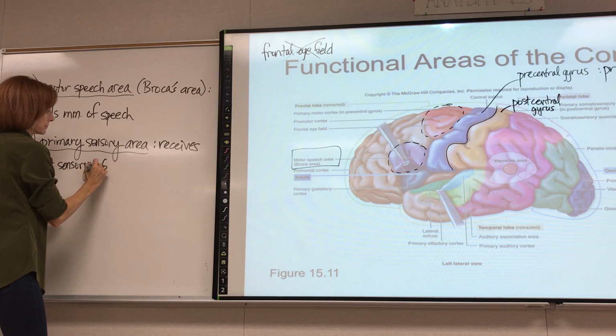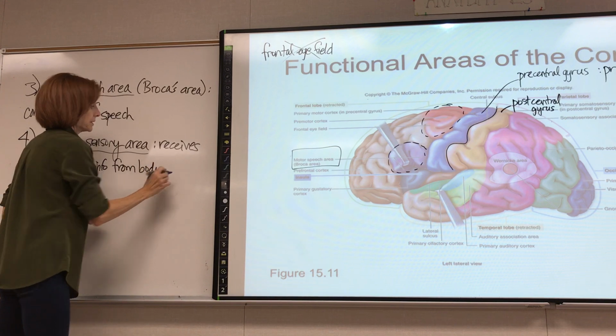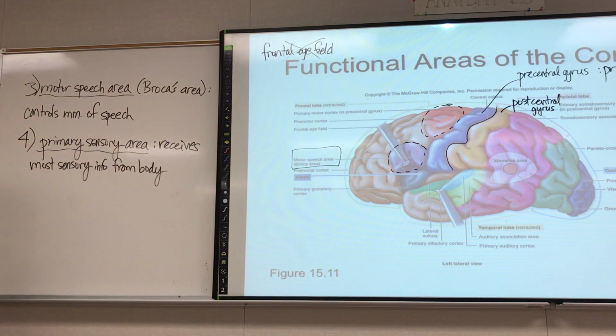This would be things like touch, pressure, what we call proprioception, knowing where the body parts are located, like the position of the body, pain, temperature, from pretty much the entire body. This is not special senses.